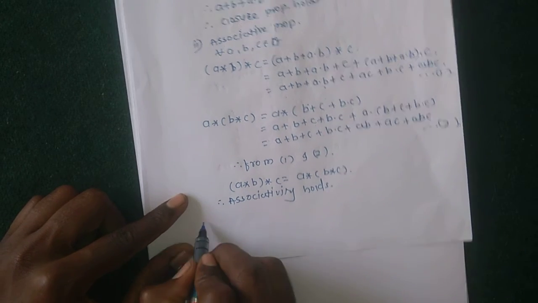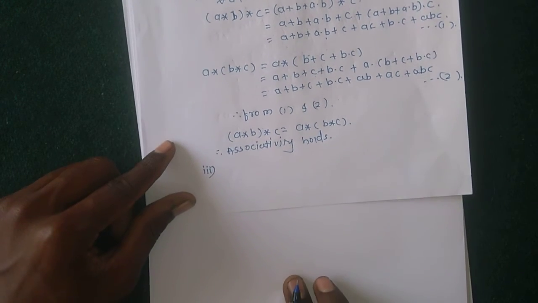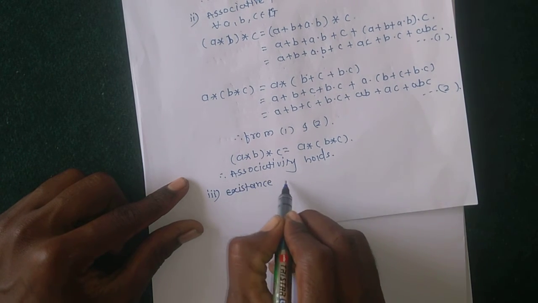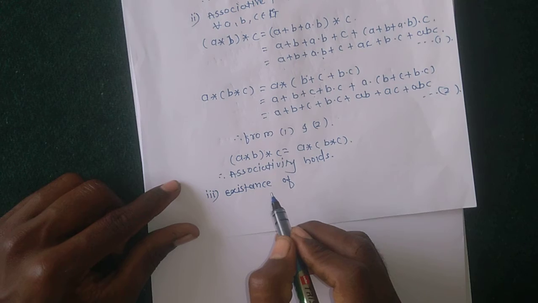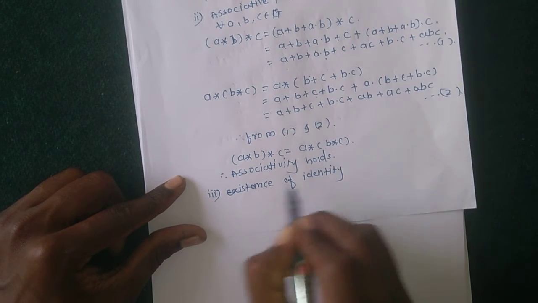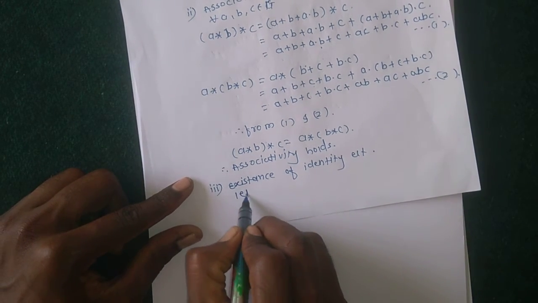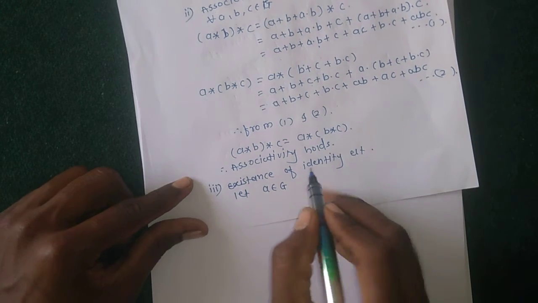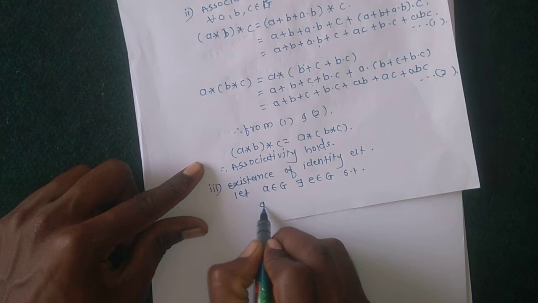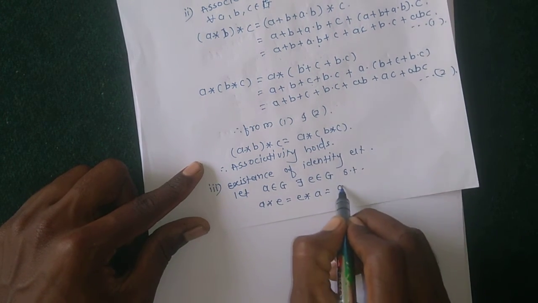Okay, the third condition is existence of identity element. Let A belong to G, there exists E belonging to G such that A star E equal to E star A equal to A itself.